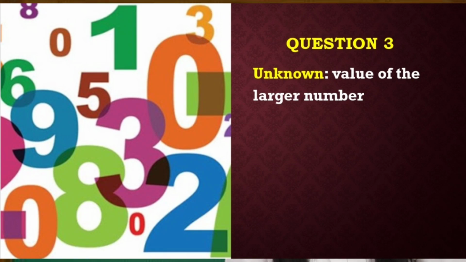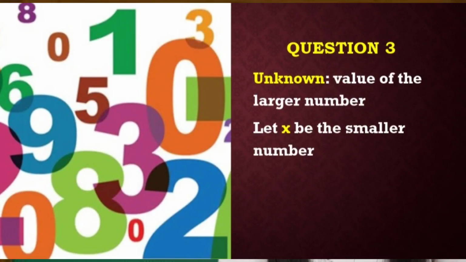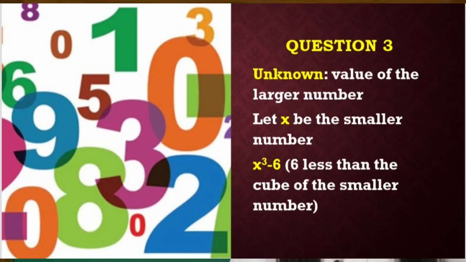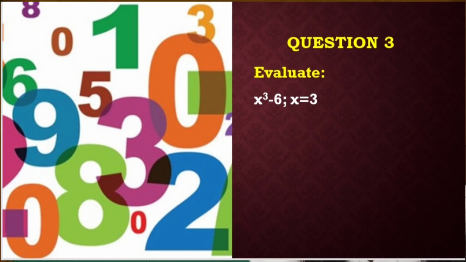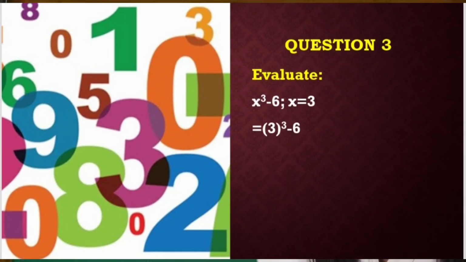And then, we represent x as the smaller number. Since it is 6 less than the cube of the smaller number, our algebraic expression would be x raised to 3 minus 6. Evaluating x raised to 3 minus 6, we replace x with 3. So, it becomes 3 raised to 3 minus 6.